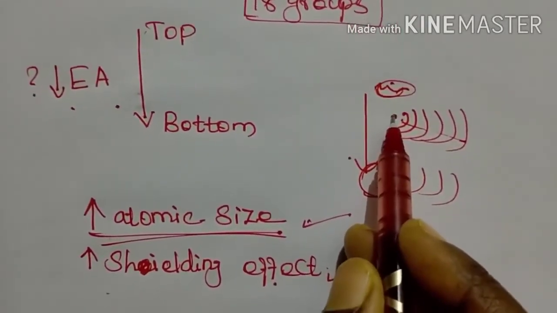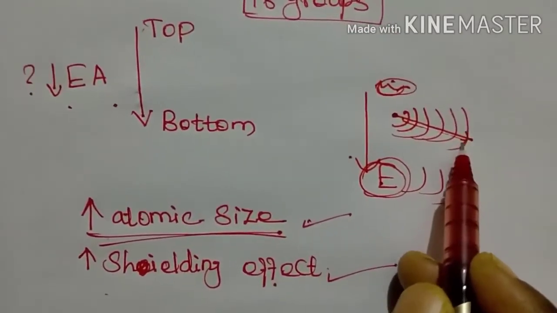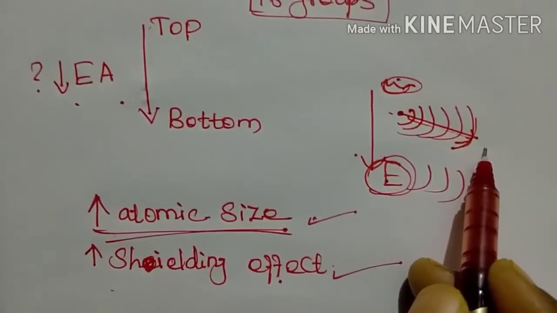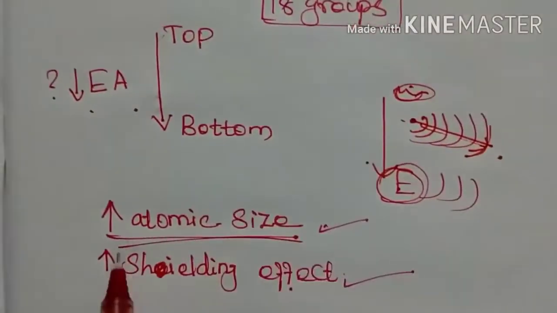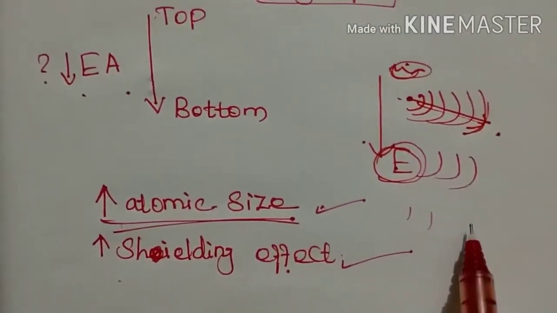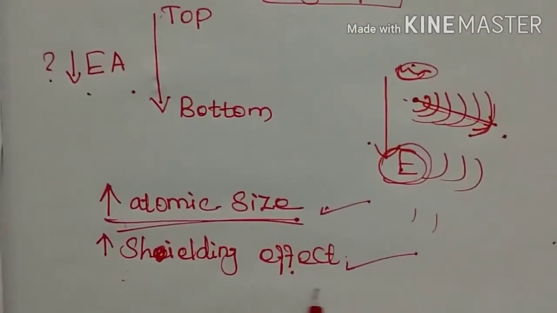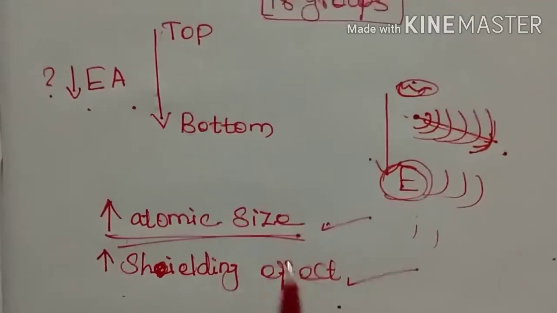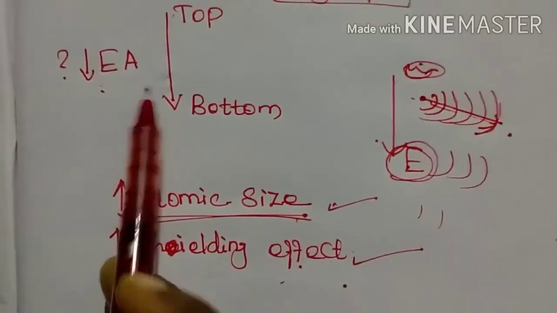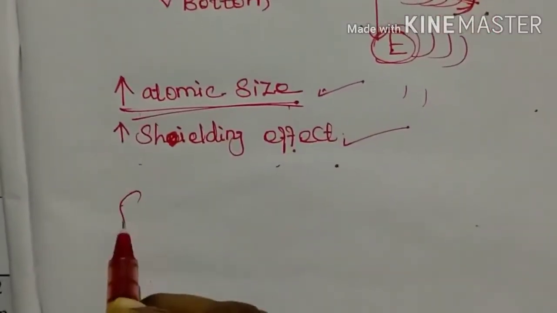Because of the distance from the nucleus to the valence electron or the valence shell, the size of the atom is increasing. So when you move from top to bottom, atomic size is increasing because the number of orbitals is increased, and the shielding effect is also increasing. Due to these two reasons, electron affinity is decreasing. But we have some exception cases.